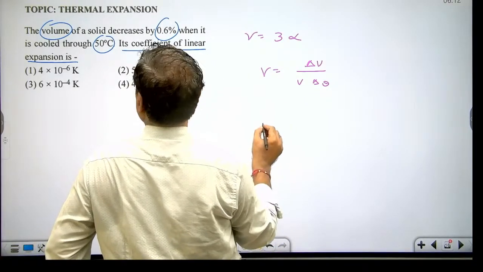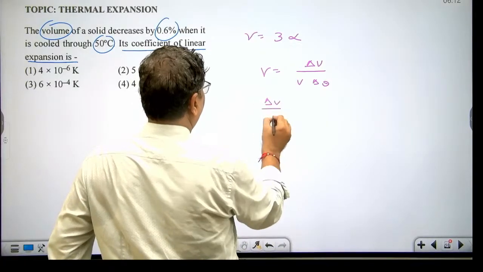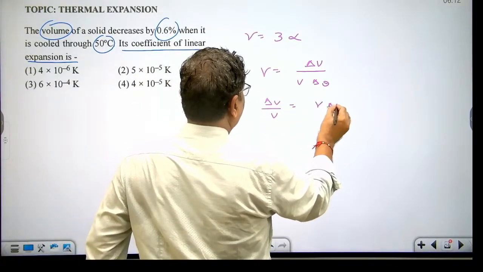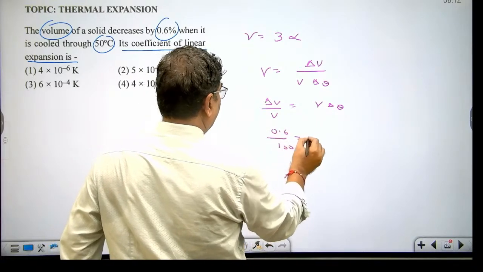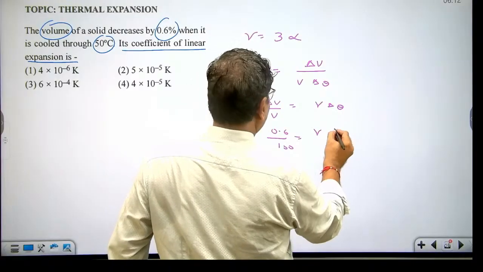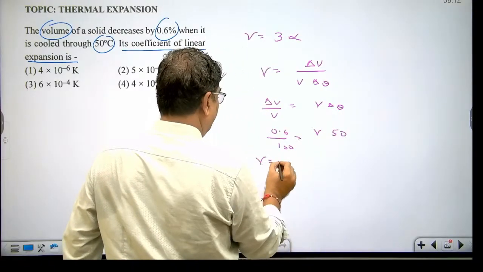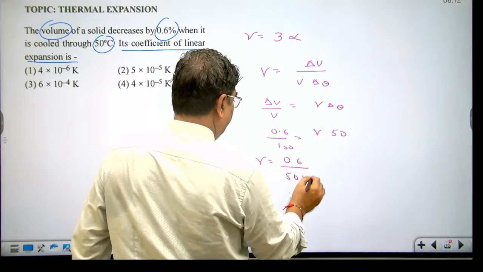Since delta V upon V equals gamma delta theta, this is given in the question as 0.6%. So gamma into delta theta, this is 50. So the value of gamma will be equal to 0.6 upon 50 into 100.